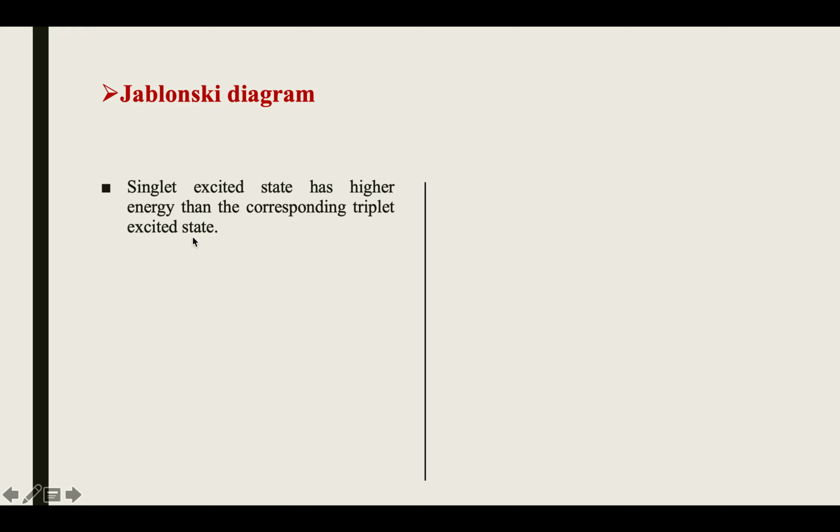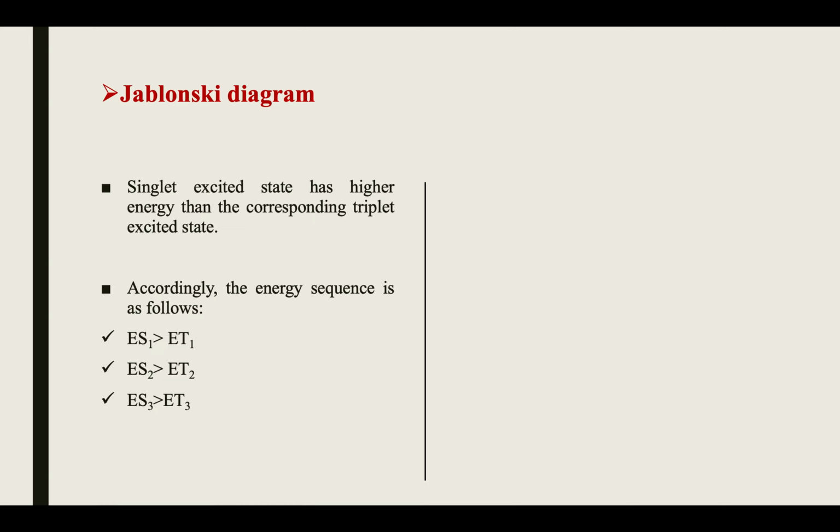So in the Jablonski diagram, the singlet state S1 will always be higher than the triplet excited state T1. So the energy of the singlet will be higher than the corresponding triplet. So ES1 is greater than ET1, ES2 is greater than ET2 and ES3 is greater than ET3.